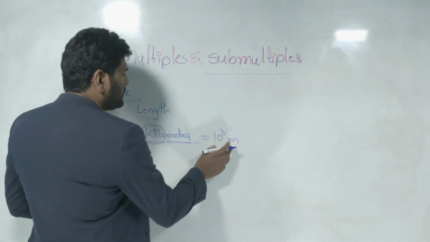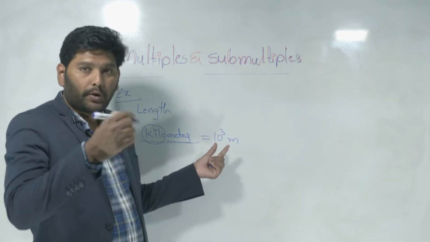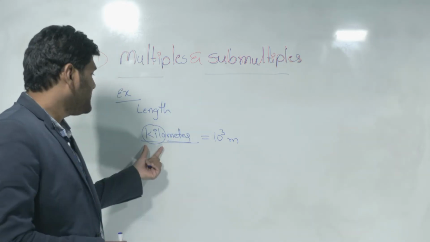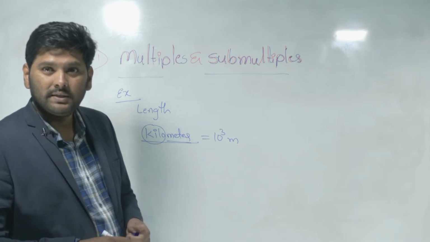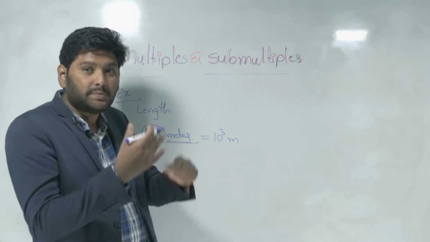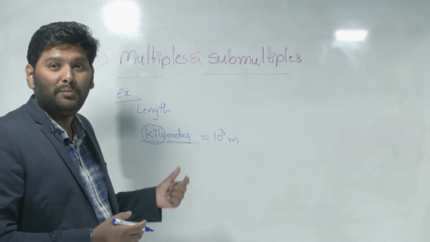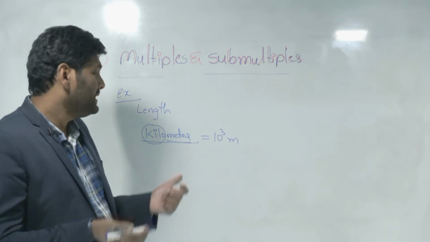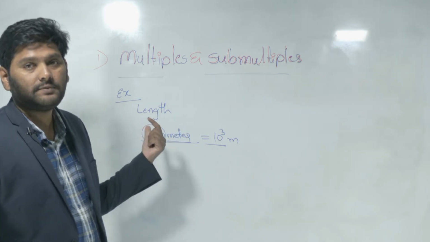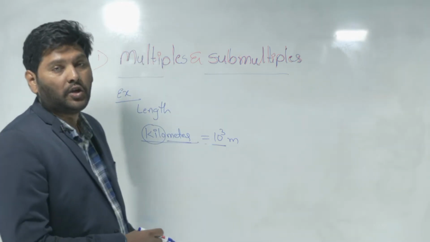So 10 power 3 meters is nothing but a kilometer. Pronouncing 10 power 3 meters is very difficult, so calling it kilometer is a very convenient way. Am I right? Yes, you are right. So here kilo stands for 10 power 3, and that is the meaning of 1 kilometer.